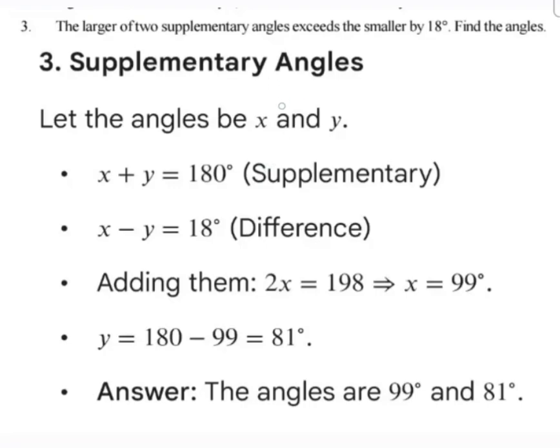And then they differ by 18 degrees, x minus y equal to 18. Now solve. y cancels, 2x equal to 198 and x equal to 99. y equal to 180 minus 99, that equals 81. 81 and 99 are the required angles.